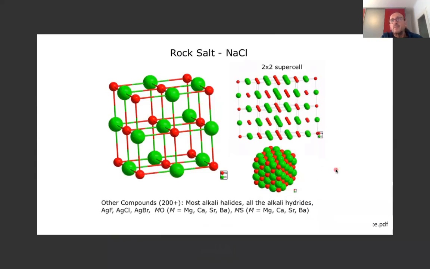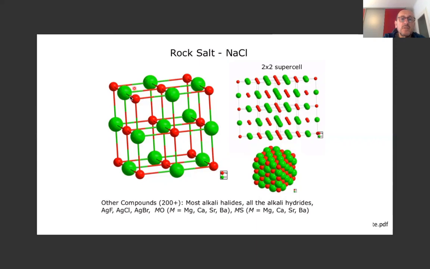This is something we know. This is our everyday salt, and it has this rock salt structure, which is two mixed FCC structures. If you look at the red guys here, which are the sodium, look, there's a red guy there. So that forms an FCC structure.